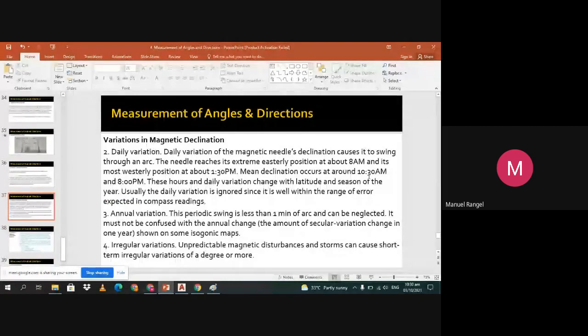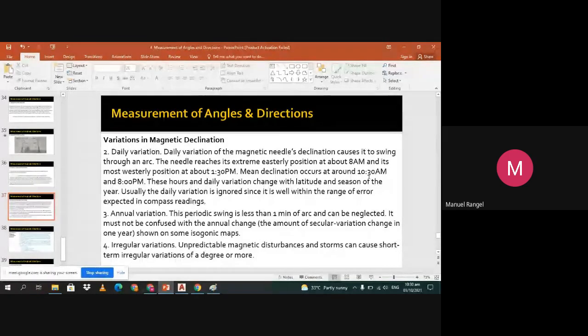So we have the daily variation, number 2. Daily variation of the magnetic needle's declination causes it to swing through an arc. So the needle reaches its extreme easterly position at about 8 a.m. and its most westerly position at about 1:30 p.m. So ang magnetic declination daw sa buntag nasa east.